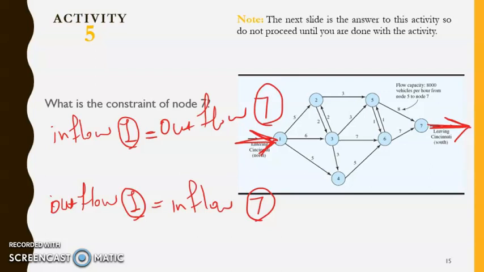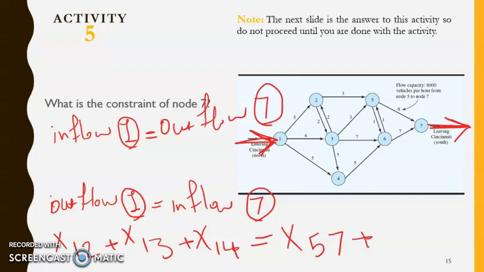Instead of the outflow of 7, I put the inflow of 7 because they are equal to each other, and the inflow of 1 equals the outflow of 1, so I put it over there. What is the outflow of 1? The outflow of 1 is x12 plus x13 plus x14. That is equal to the inflow of 7, that is x57 plus x67.